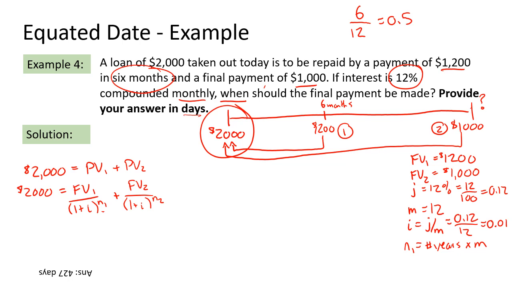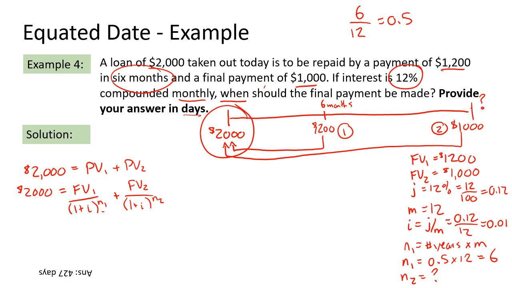Or you can leave it as 6 divided by 12. So N1 is equal to 0.5 times 12, the number of compounding periods per year, or 6. Now N2, you don't know the number of compounding periods for the second payment, because that's the item you have to find out.